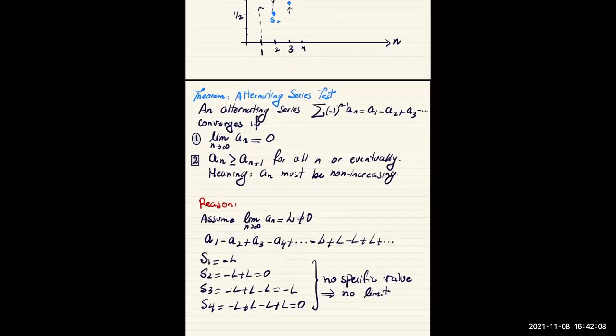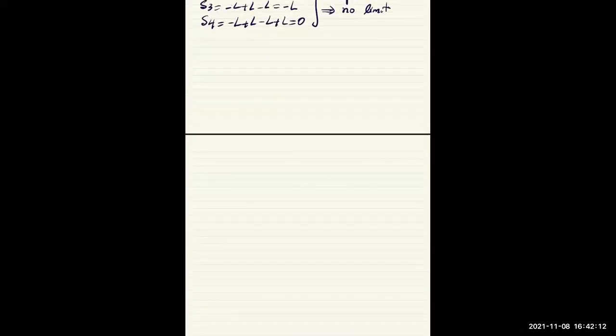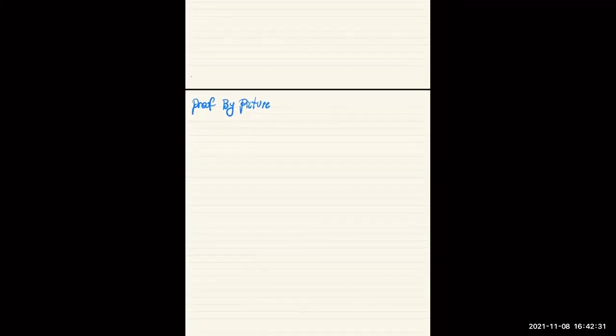Okay, but let me show you why the alternating series test is true. So this is in a way proof by picture. And again, we are going to assume A sub n is non-increasing and the limit of A sub n is equal to 0.